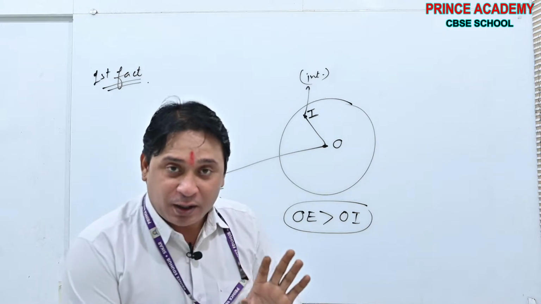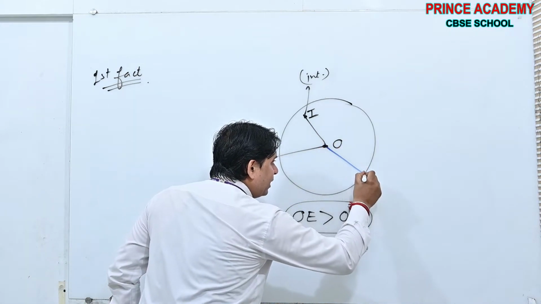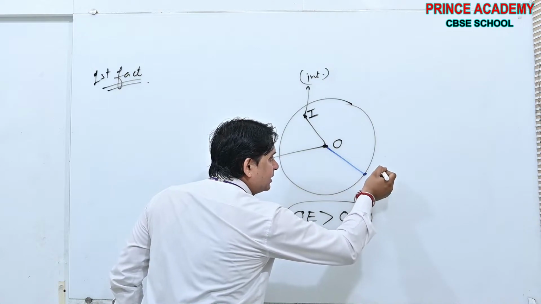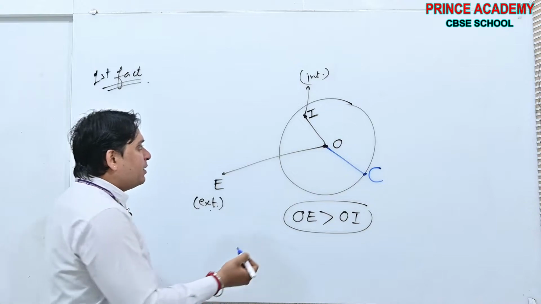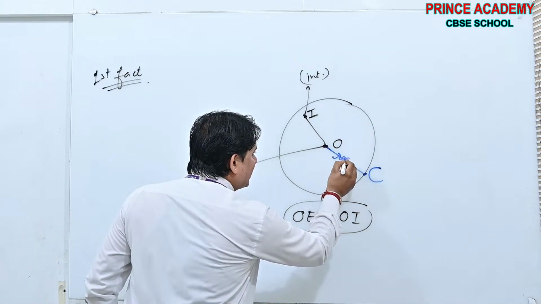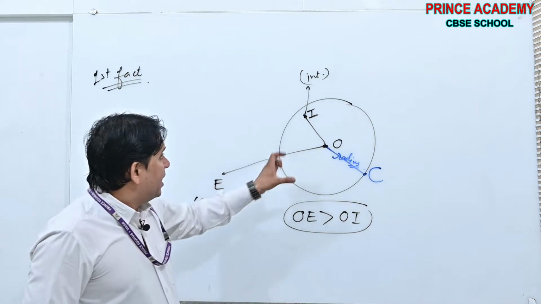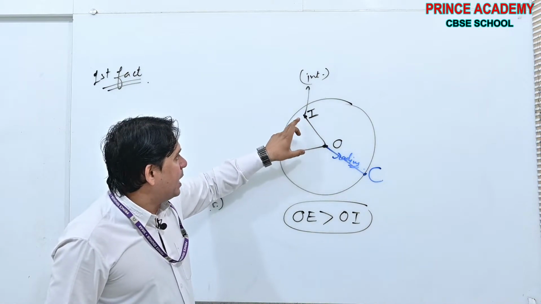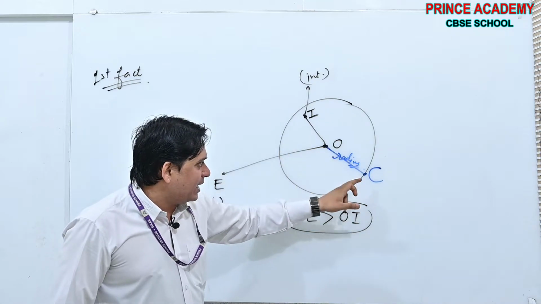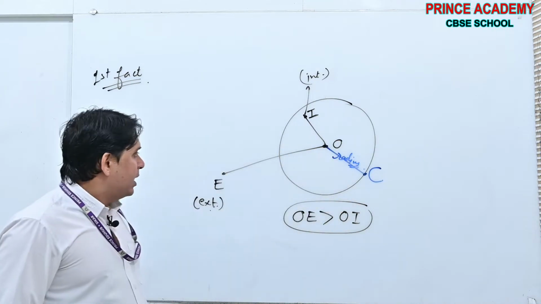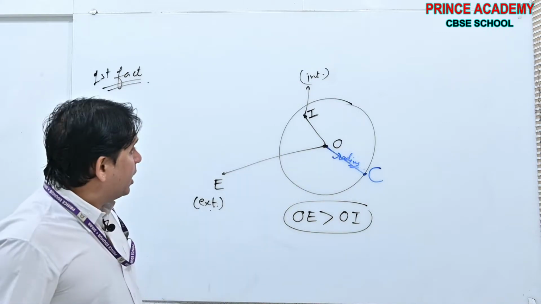Now see, do not panic. Suppose this is a point on the circumference. What is this? This is the radius, yes or no? Now see beta, the internal point's distance from the center, the circular point's distance from the center, and the external point's distance from the center.